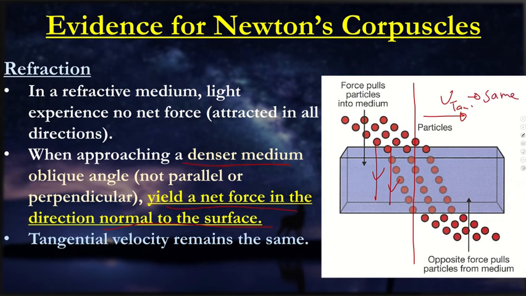That hasn't changed regardless. What he did say though was that the velocity going down in this direction, the normal component, has increased. And that becomes a point of contention, as we now know when light goes from a less dense medium to a more dense medium, it gets slower because it's interacting with more of the particles. Newton said it increased because of this idea of the force pulling it down.